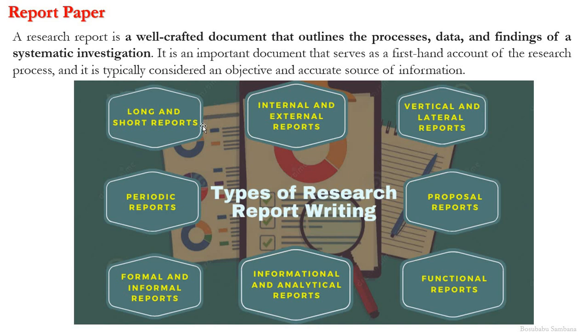First one, long and short reports, internal and external reports, vertical and lateral reports, proposal reports, functional reports, informational and analytical reports, formal and informal reports, and periodical reports. These are the different types of research reporting.